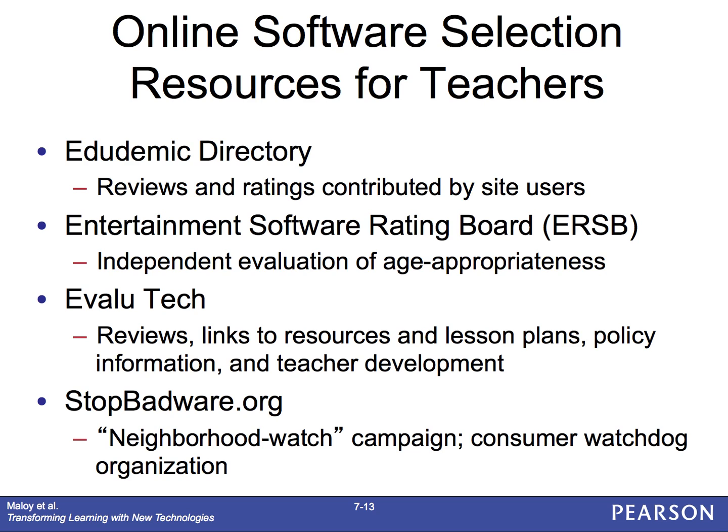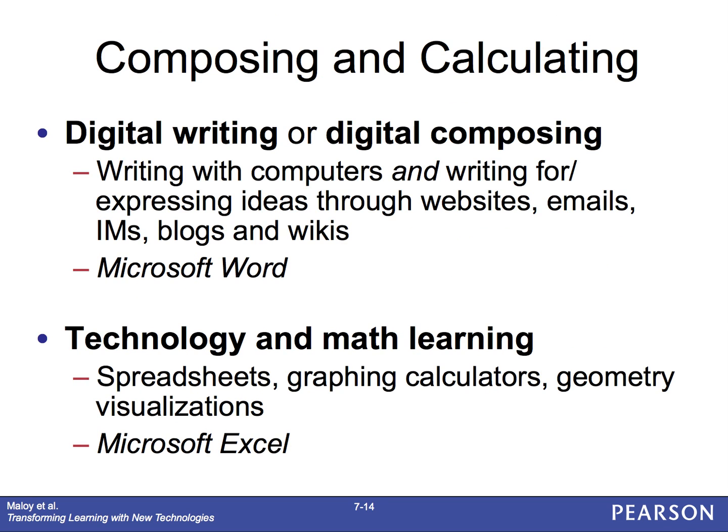So, there's that. Composing and calculating. We have digital writing or digital composing, and that's writing with computers and writing for expressing ideas through websites, emails, blogs, and wikis. That's pretty straightforward. We generally use Microsoft Word, copy and paste into a wiki, or leave a link.